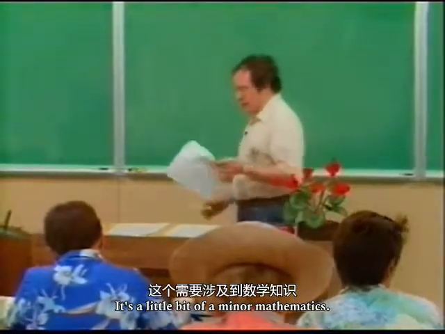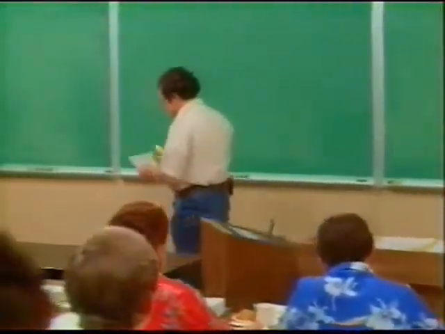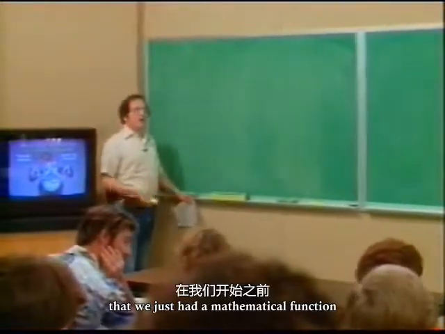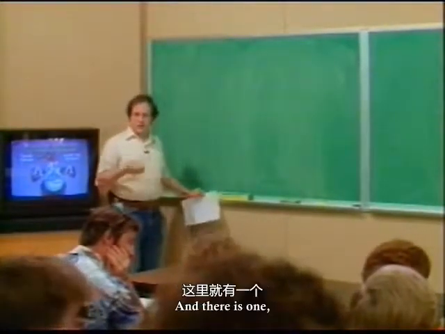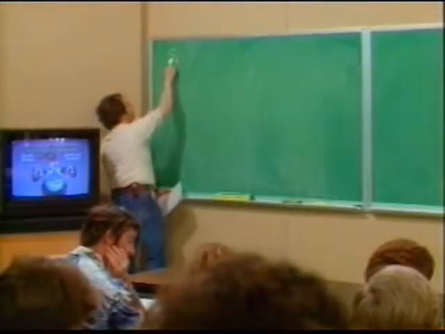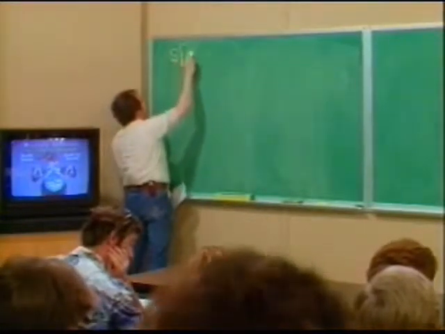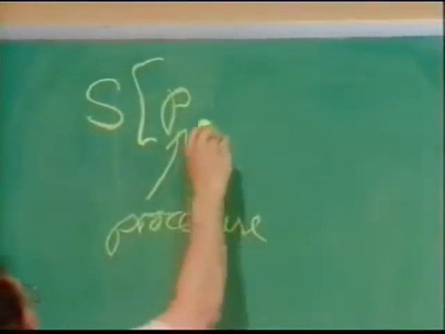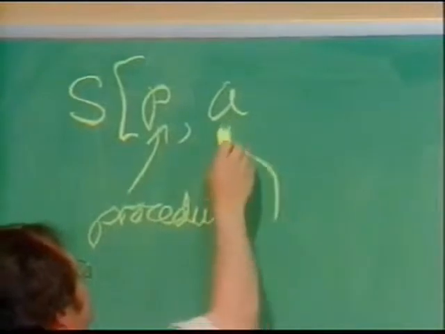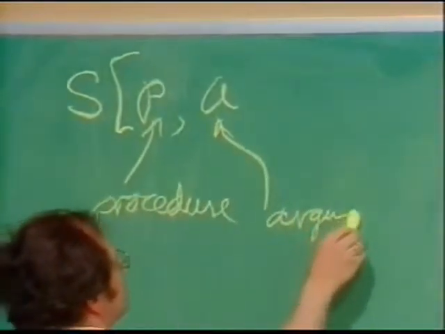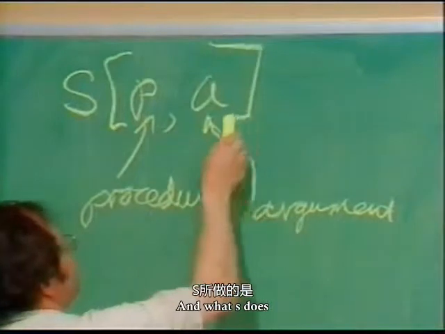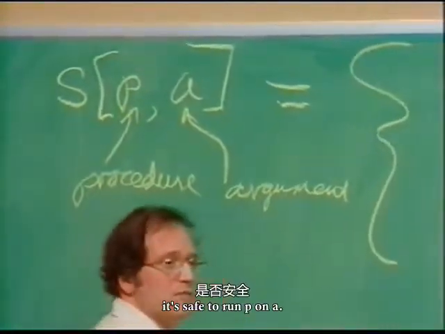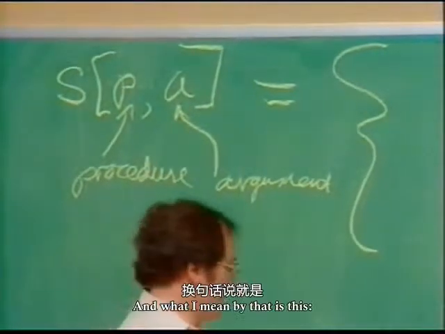It's a little bit of minor mathematics. Let's imagine that we just had a mathematical function before we start, and there is one, called S, which takes a procedure P and its argument A, and what S does is it determines whether or not it's safe to run P on A. And what I mean by that is this.